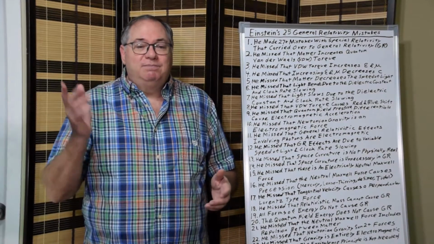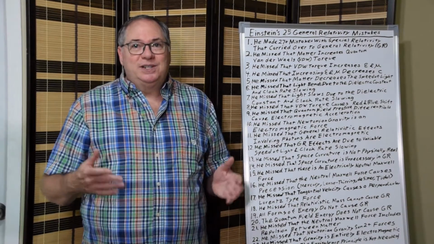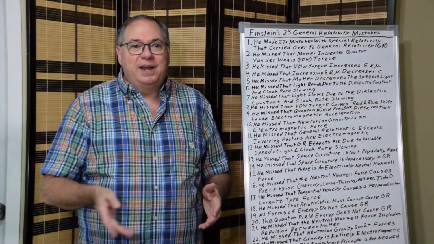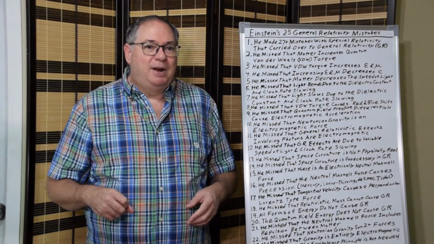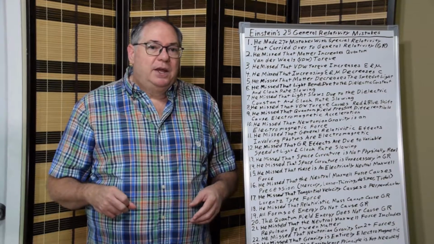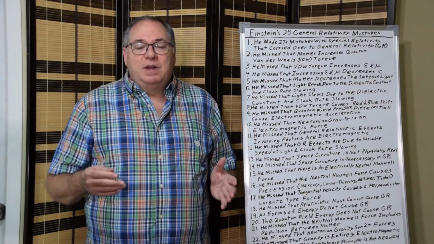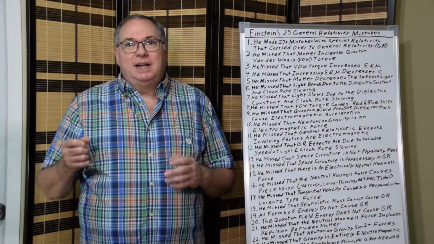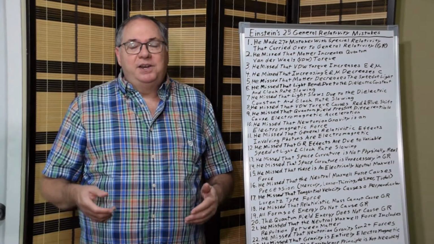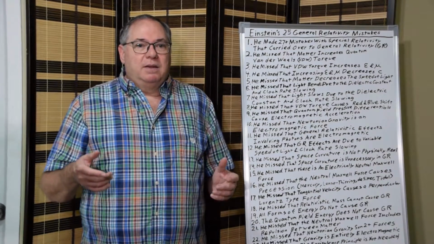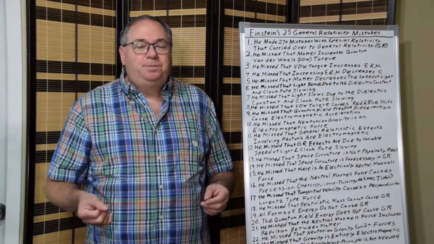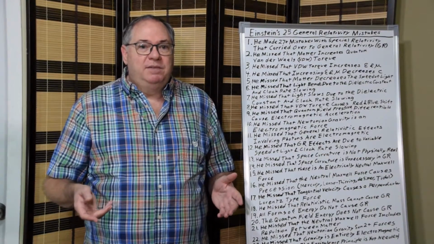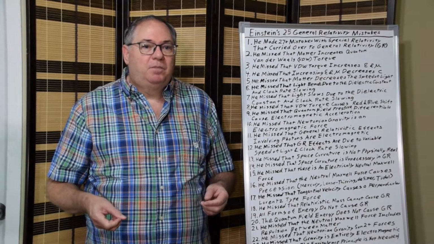So I should have listed that he falsely assumed the speed of light is constant, although I included that in special relativity problems. So 5, matter decreases the speed of light. This is a foundational statement of general relativity. And all general relativity must keep that in account.